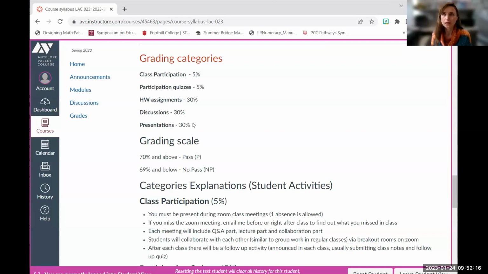Discussions. Also, we have, I think, 4 or 5 discussions plus the introduction discussion, where you just introduce yourself, tell your classmates, tell me what your goal is in this class, what your major is, what you're trying to achieve, and what your favorite quote is. And then also discussions.